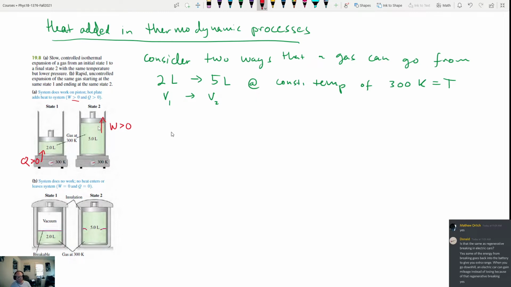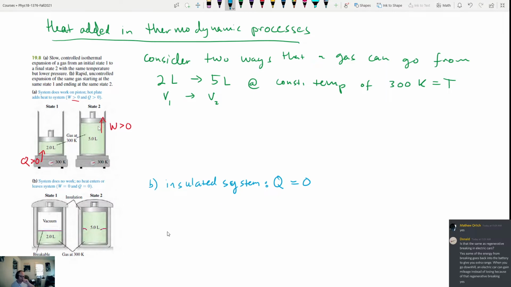Now, in B, let's use a different color. So in B, insulation, it's an insulated system, which means that Q is equal to 0. That is to say that there's no heat that can come in and no heat that can go out because it's insulated. We're going to assume it's perfectly insulated, which is impossible, but we're doing thought experiments here.